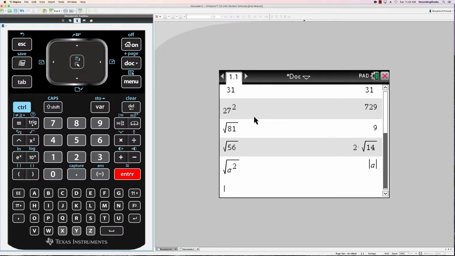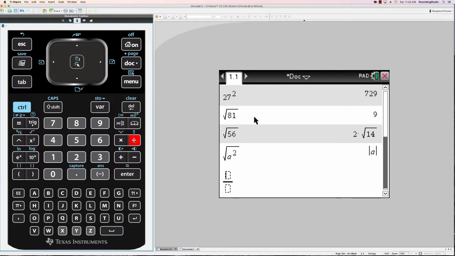Suppose I wanted to do an operation with a fraction. Press the control key followed by the division key, and now you have a template that looks like a fraction. Let's enter 2/3. 2 in the numerator, press the down arrow, and 3 in the denominator.